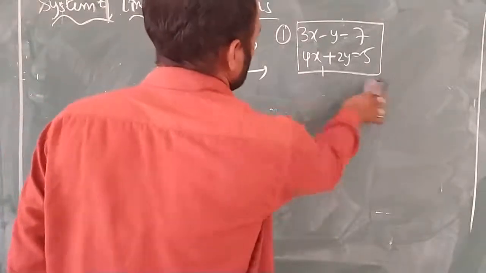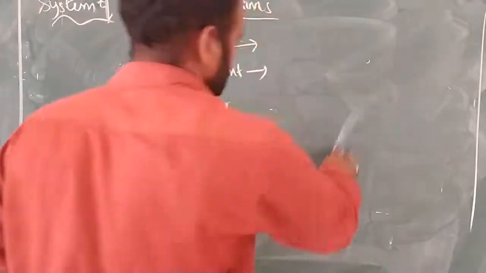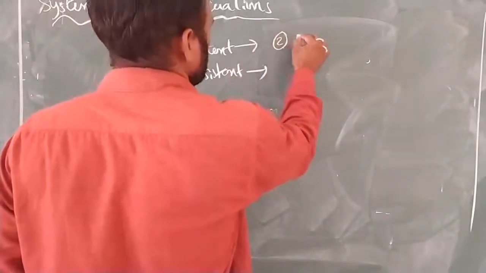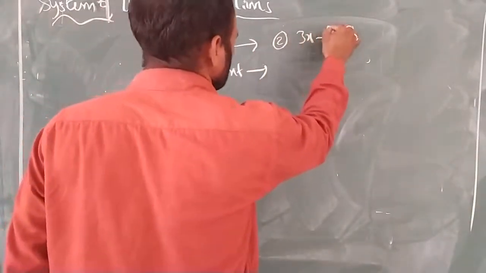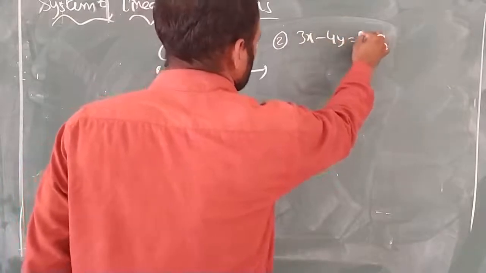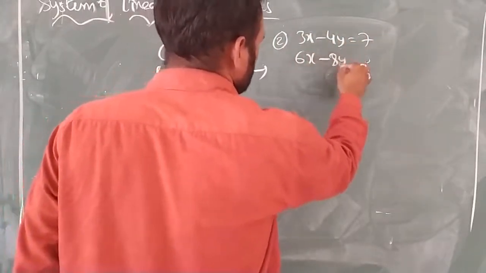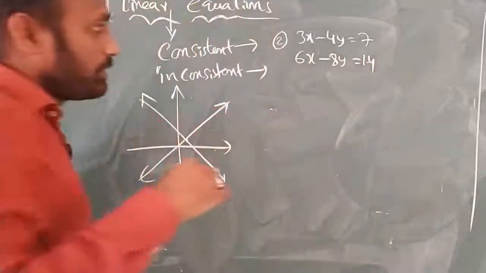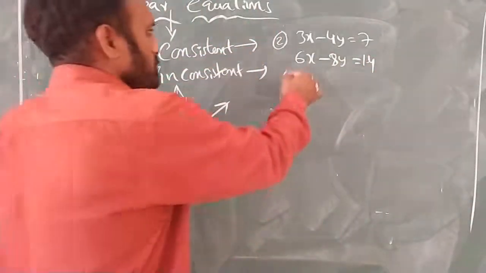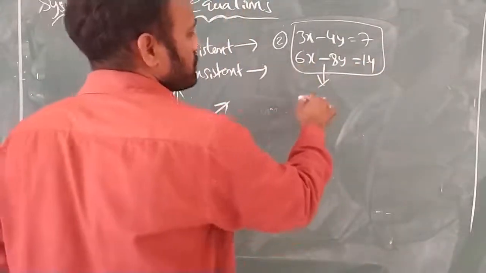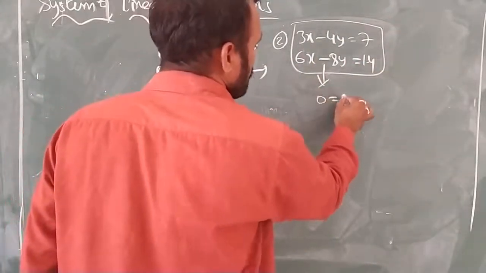In another manner also, let us take another equation here. If suppose the equation is... so if you observe here, if you solve these two equations, we will get 0 is equal to 0.